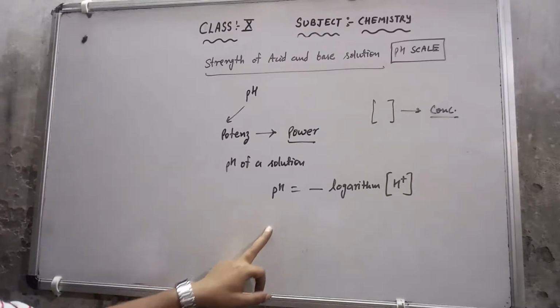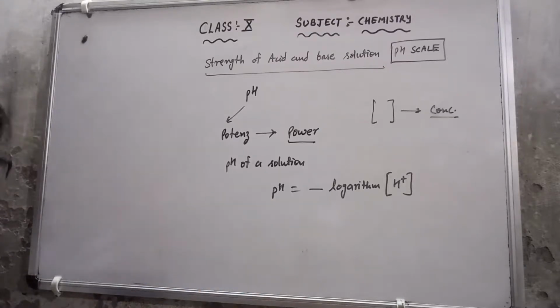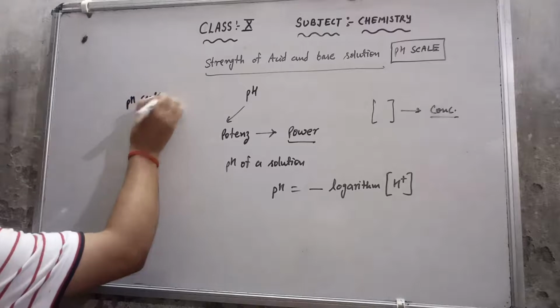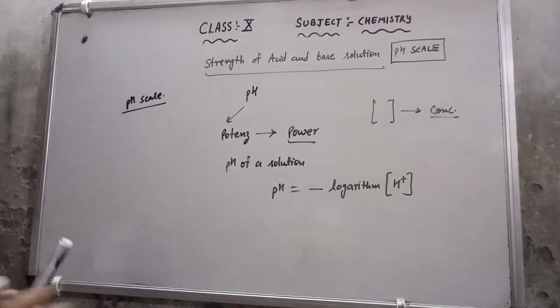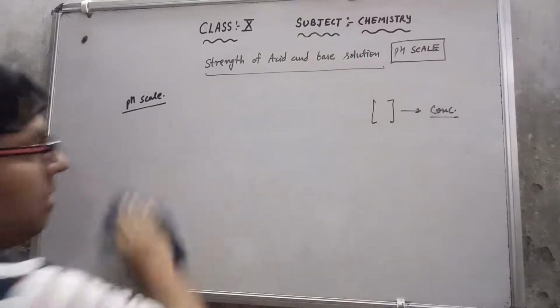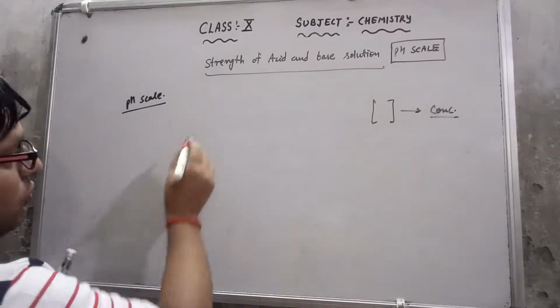Now I am talking about the pH scale. What is a pH scale? A scale by which we can identify the strength of acid and base is known as the pH scale. On this pH scale, the values are mentioned from 0 to 14.